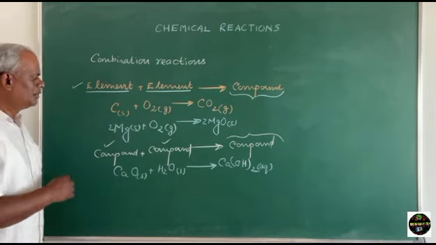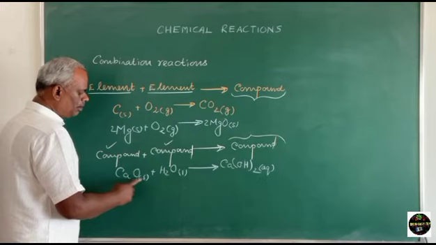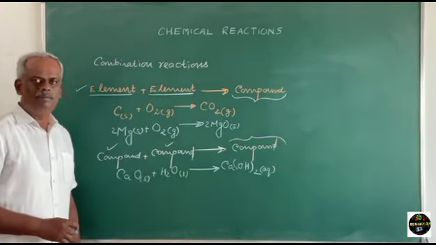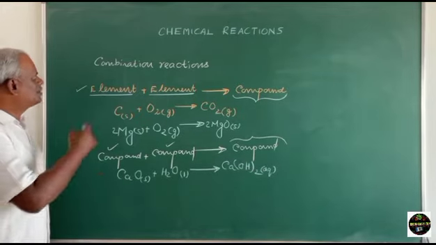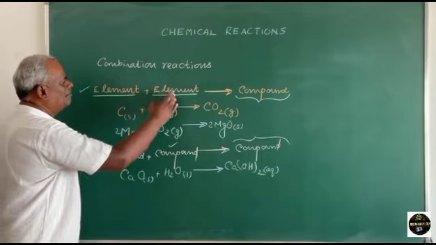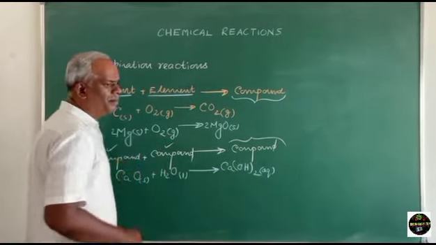And the equation is almost self-balanced. The lime, on dissolving in water, gives calcium hydroxide. Lime water is formed. So these are the examples of combination reactions. Category 1, in which an element is combining with an element. Category 2, in which a compound is combining with a compound.